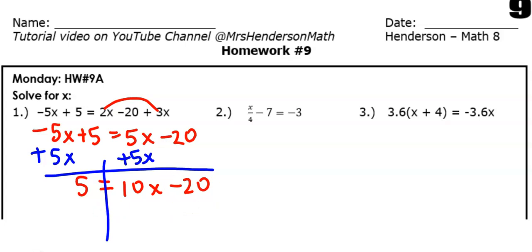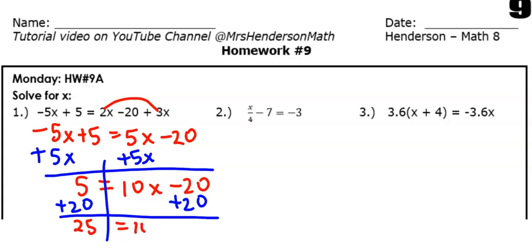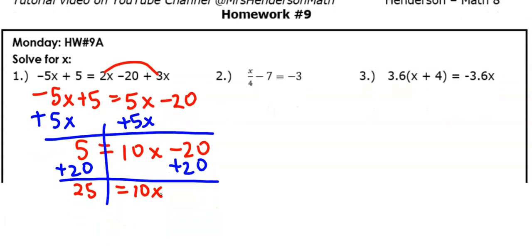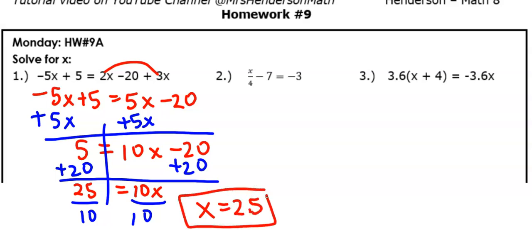But in order to do that, I have to use an inverse operation. Now that I have my coefficient and variable only on one side, I can divide both sides by 10, leaving me with the final answer of 2.5.